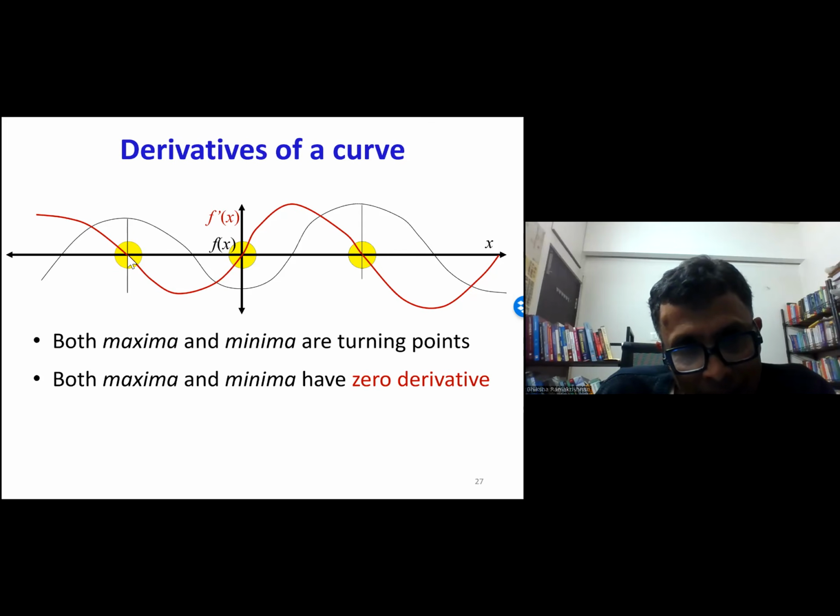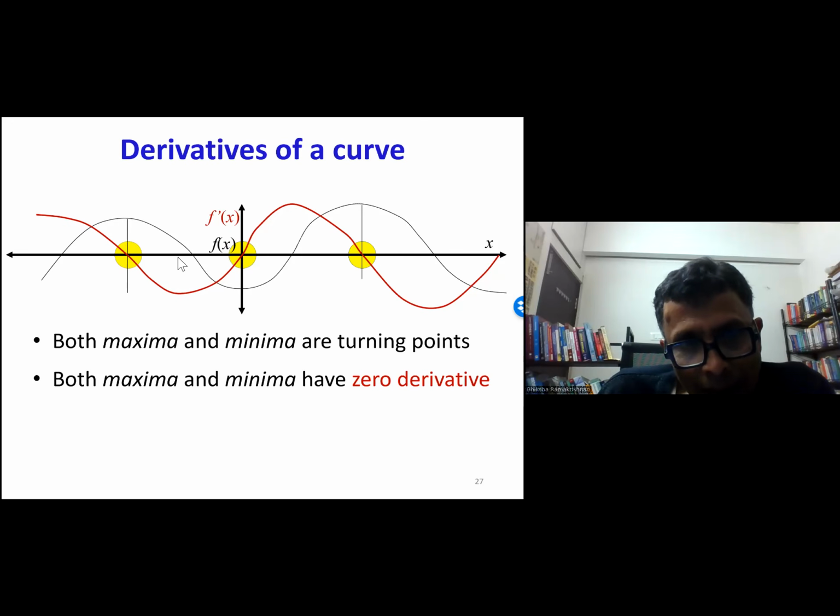Then at this point the derivative becomes 0. Then the function is decreasing, so the derivative starts becoming negative, and it stays negative until the function hits a minimum where the derivative has gone to 0. Between this maximum and this minimum, the derivative is entirely negative. From the minimum, the function begins to increase, and the derivative becomes positive.